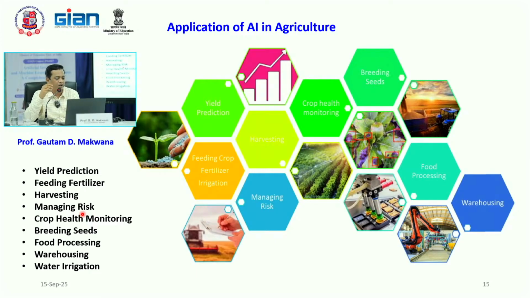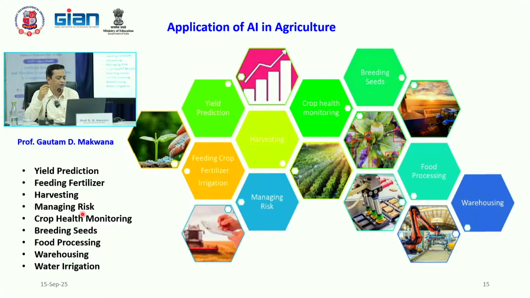This is how to give good quality crops, good quality fruit or food. It depends upon the exact day when you harvest your crops, and it will give good quality crops. So that is one way to include harvesting in AI.